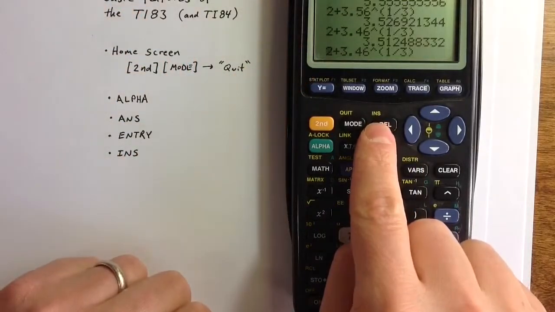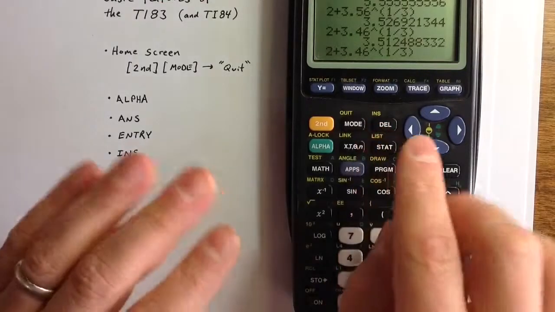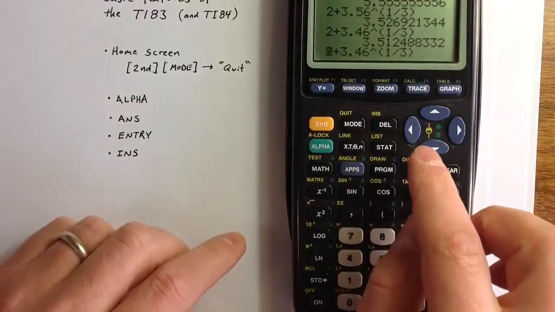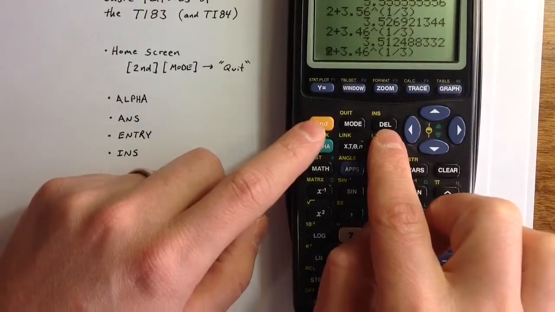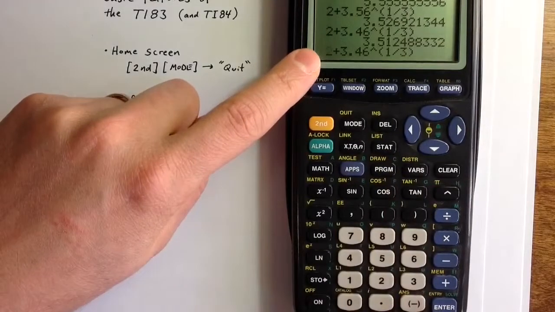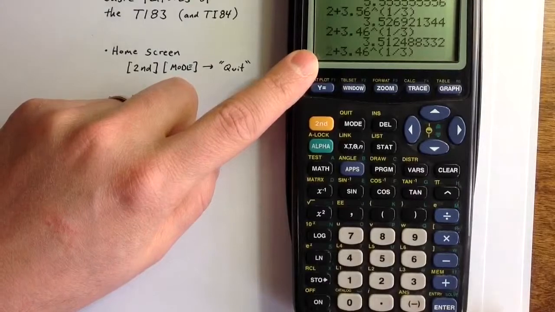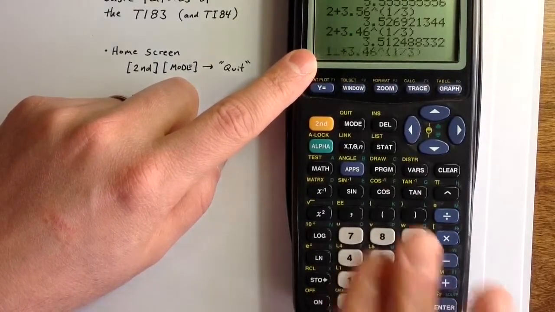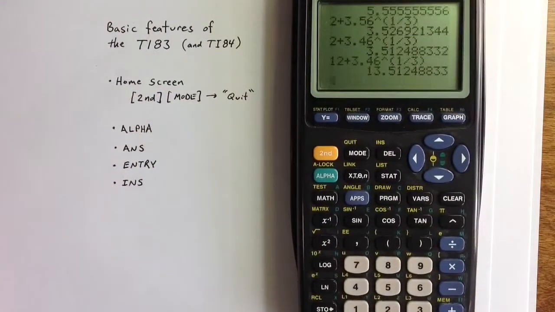INS stands for the insert command. Rather than deleting the 2 and replacing it with a 1, I can hit insert and see how the cursor changed to just an underscore rather than a full darkened box. And now if I type in a 1, it shifts everything over and enters a 12.